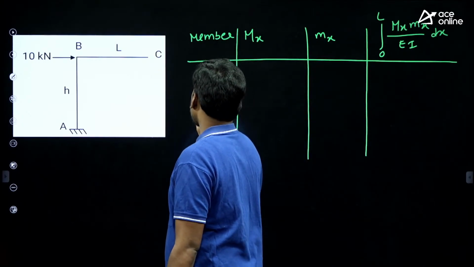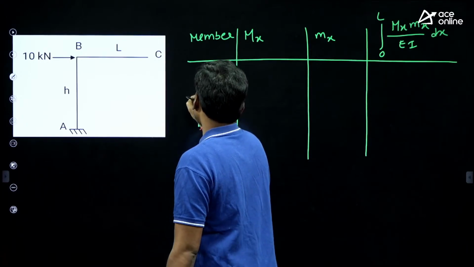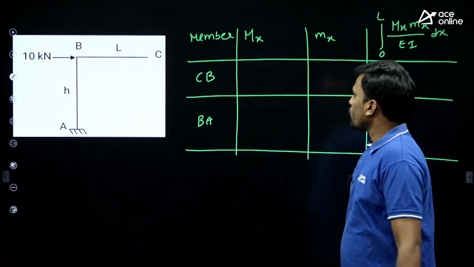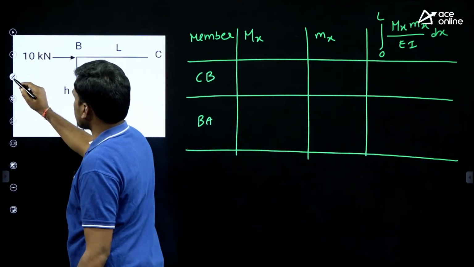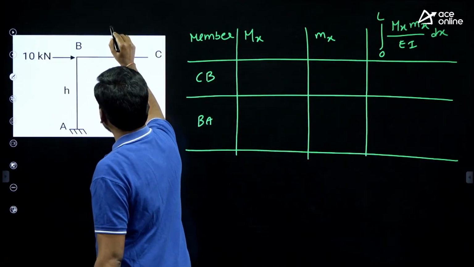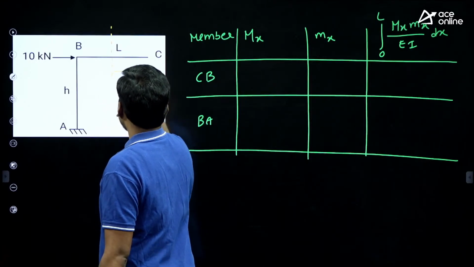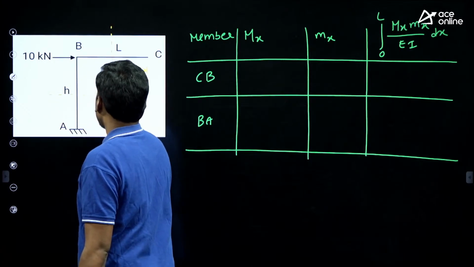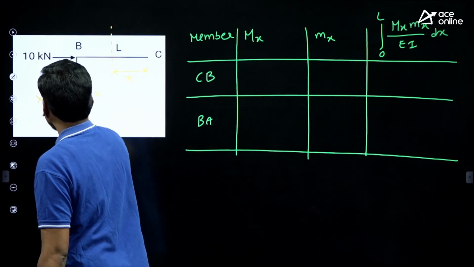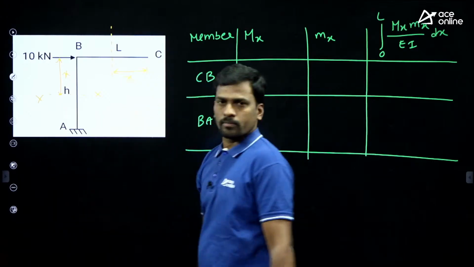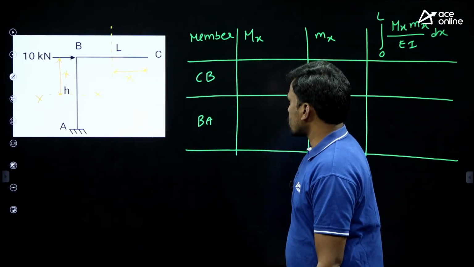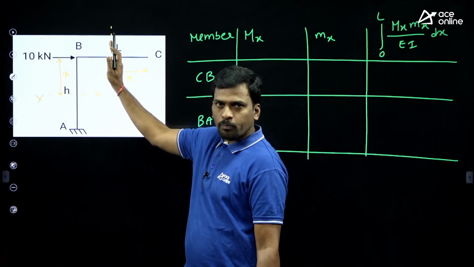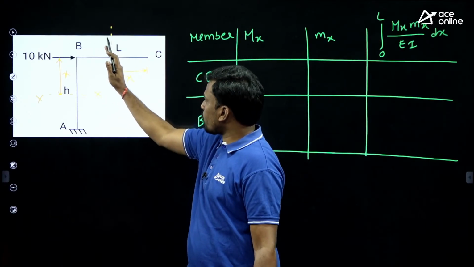Member CB and member BA, two members, right? First we'll find the capital Mx. Just consider a section at a distance of x. Now to find the bending moment at this point, either look left of the section or right of the section.